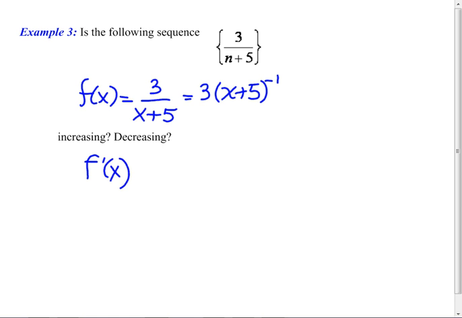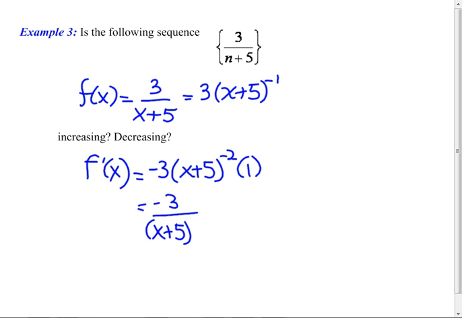Guess what? You can't do it with factorial. That's the problem. If you could do everything with calculus, this would be so much easier, but you can't. And then it says x plus 5 to the negative 2 times 1, which is negative 3 over x plus 5 squared. So this is always less than 0. So what's true about my sequence then? It's decreasing.